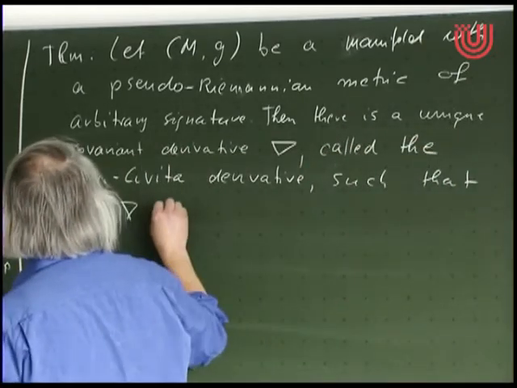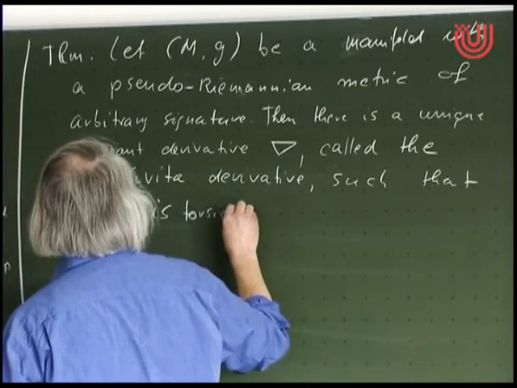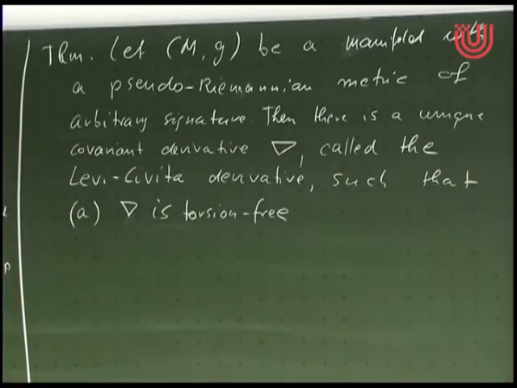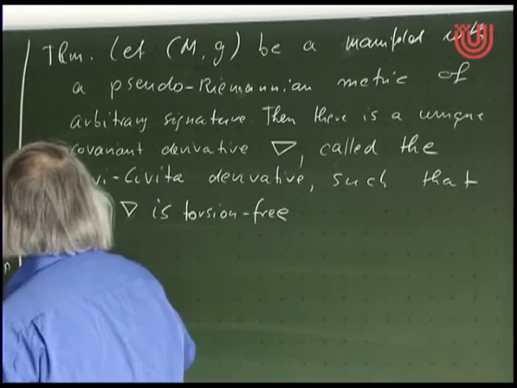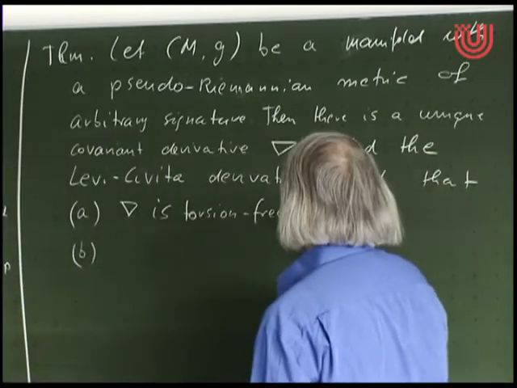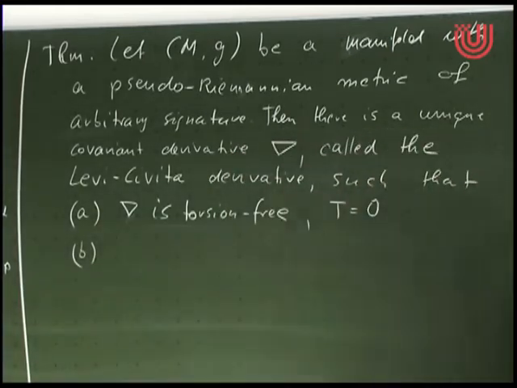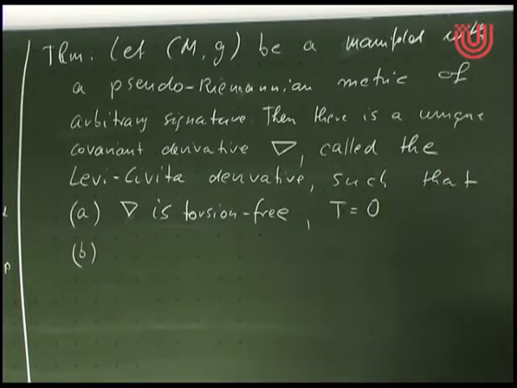The first is that it is torsion-free. Yeah, the torsion of del vanishes. And I could write this here in formula as this. As T, we use the T for the torsion tensor of del. So this is supposed to be 0.